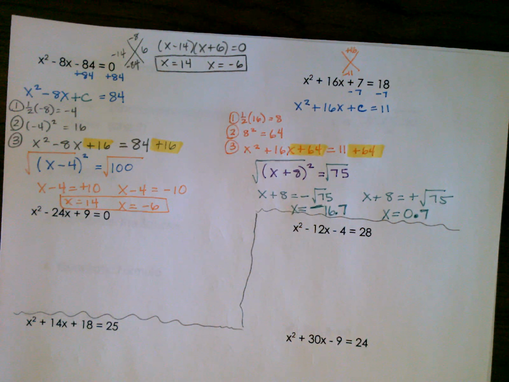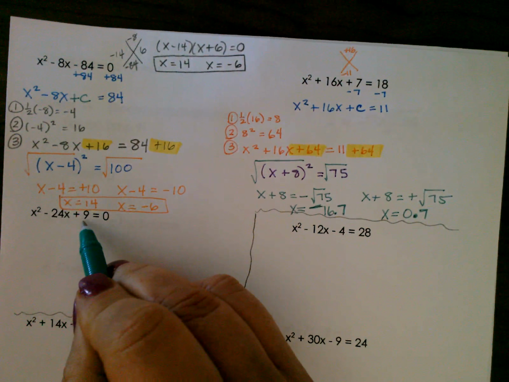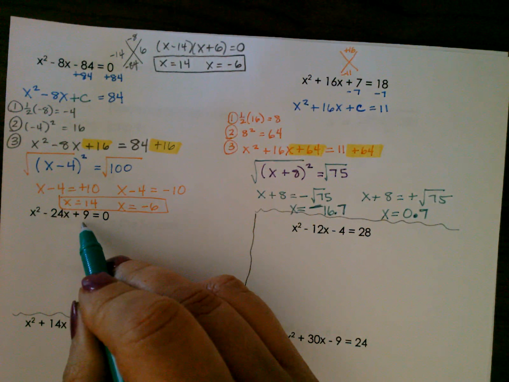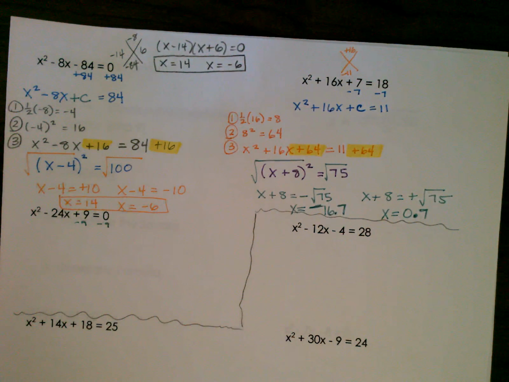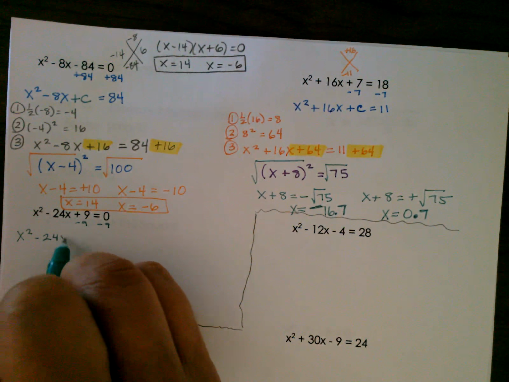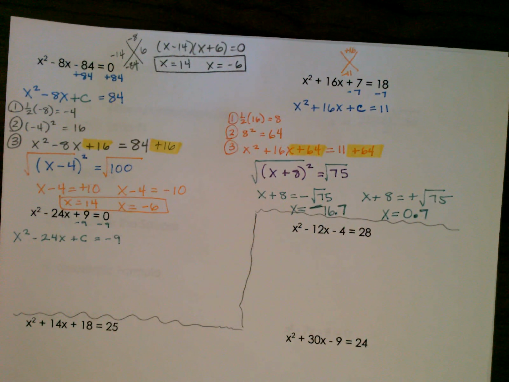Not leaving a whole lot of room to work, let's just try to squeeze one more in there. I don't think I could come up with numbers that add to negative 24 but multiply to 9. No way. So I will subtract 9 from both sides. So I have x squared minus 24x plus c equals negative 9. We need to do those 3 steps.